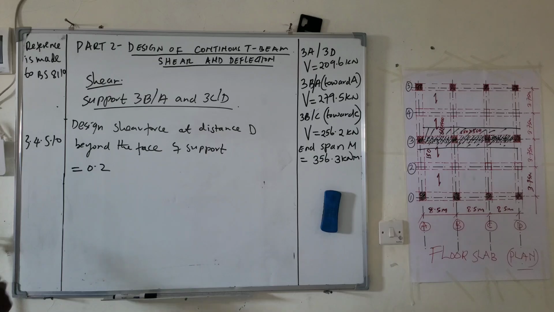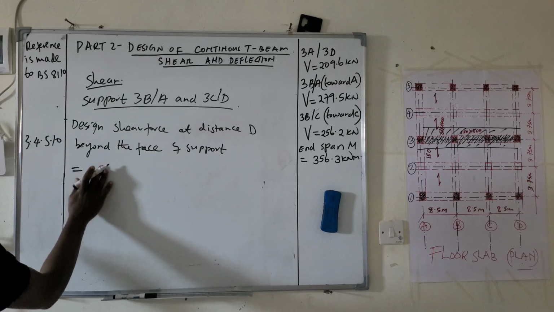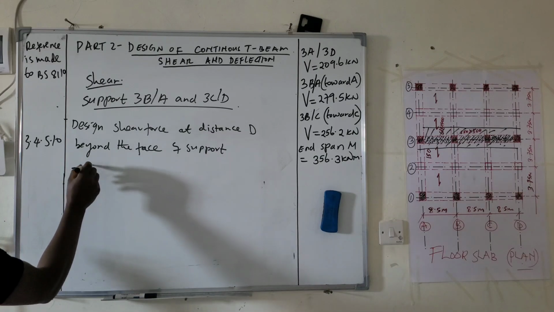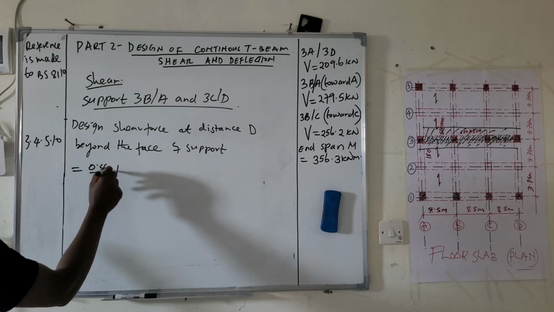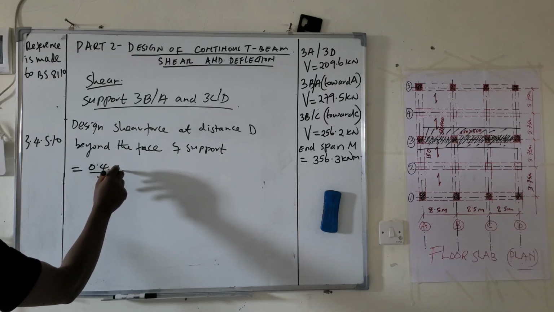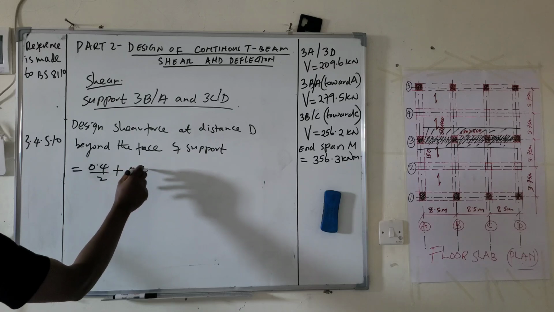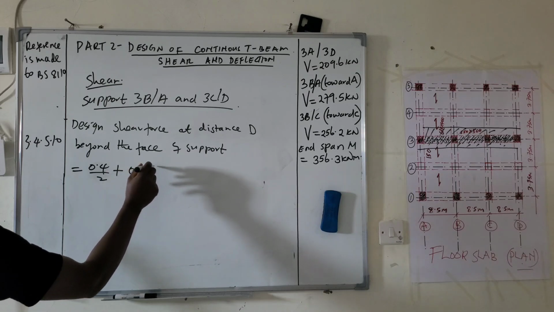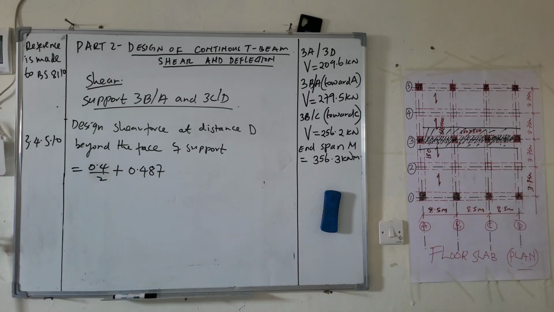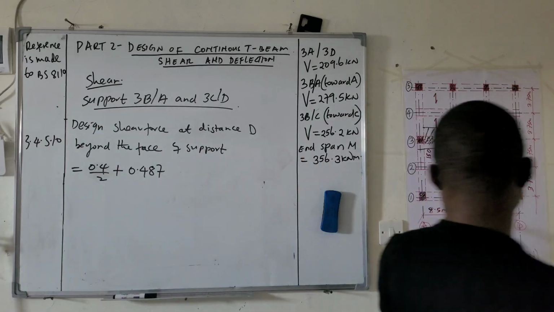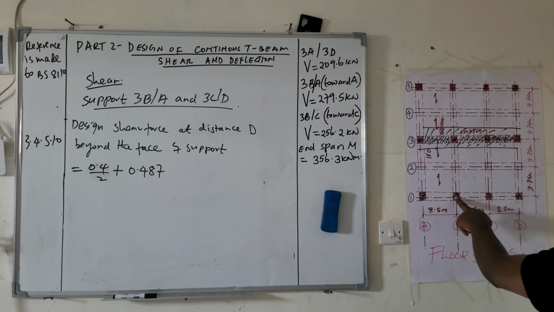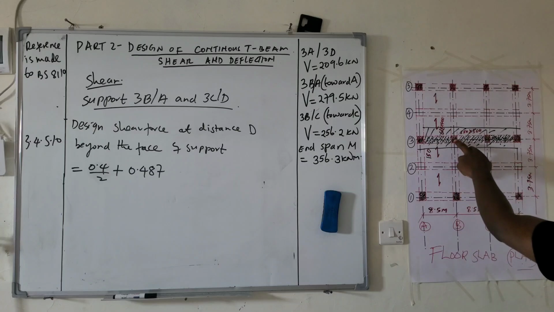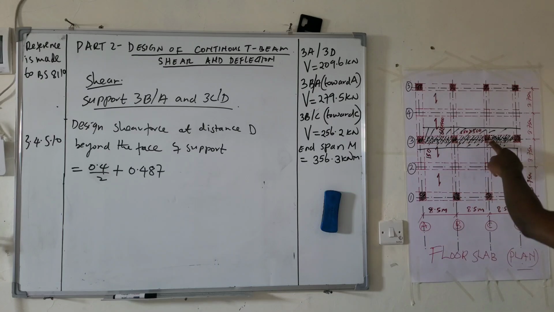So this one is equal to 0.2, or a half of the size of the column, which is 0.4 over 2, then plus D, which is 0.487. So the D changes. Remember, our D for support 3BA, this is the support 3BA, and 3CD.